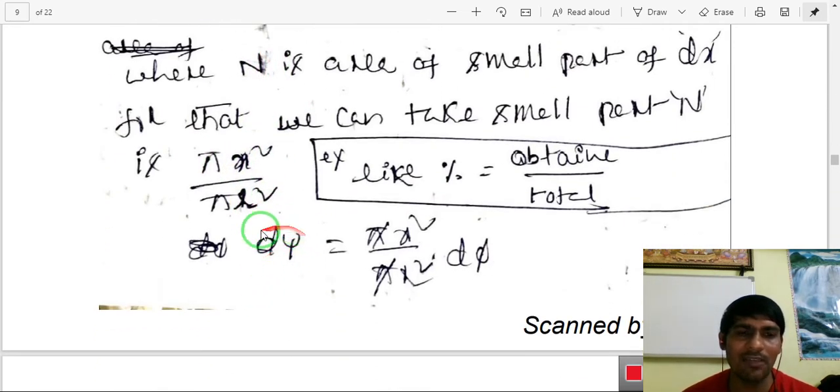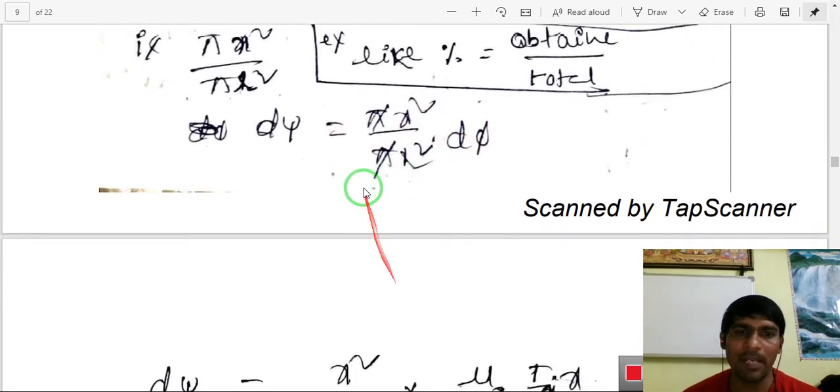So the flux linkage for a small area, dψ equals πx² by πr² into dφ. So π gets cancelled.